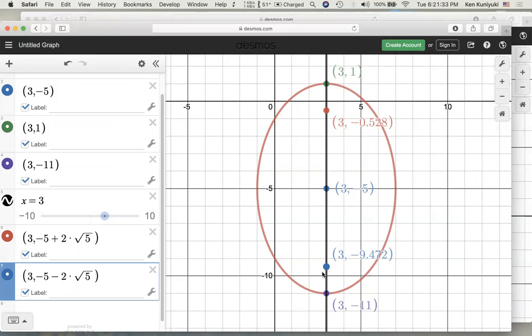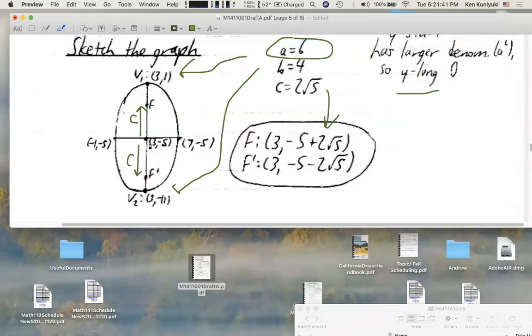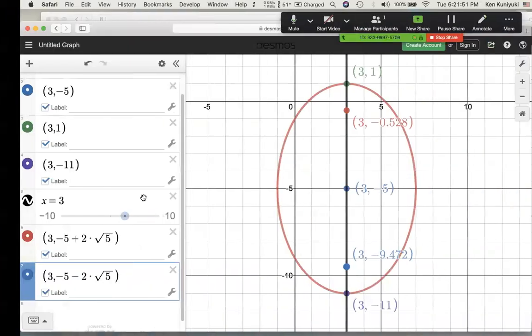It's like the mall in Washington, D.C. And then if you wanted the endpoints of the minor axis, you would take the center and change the x-coordinate by 4. So you add 4, 3 plus 4 is 7 over here, 3 minus 4 is -1 over here. So -1, -5, and 7, -5.